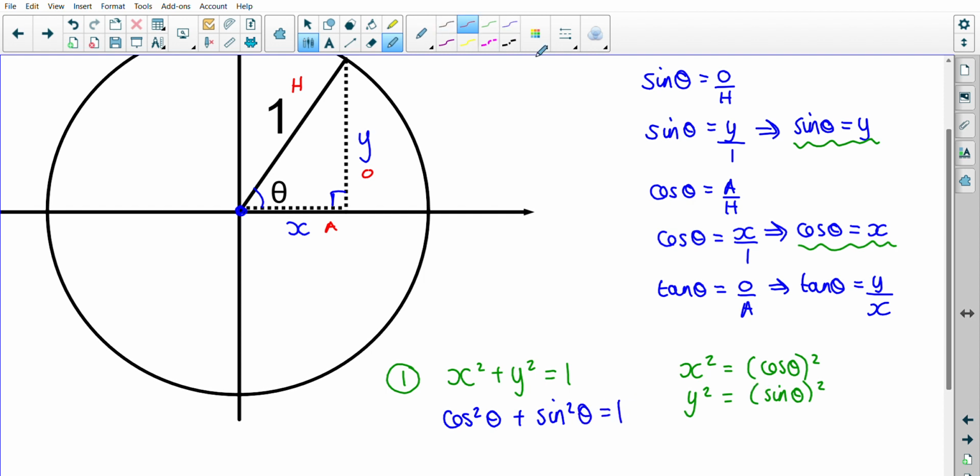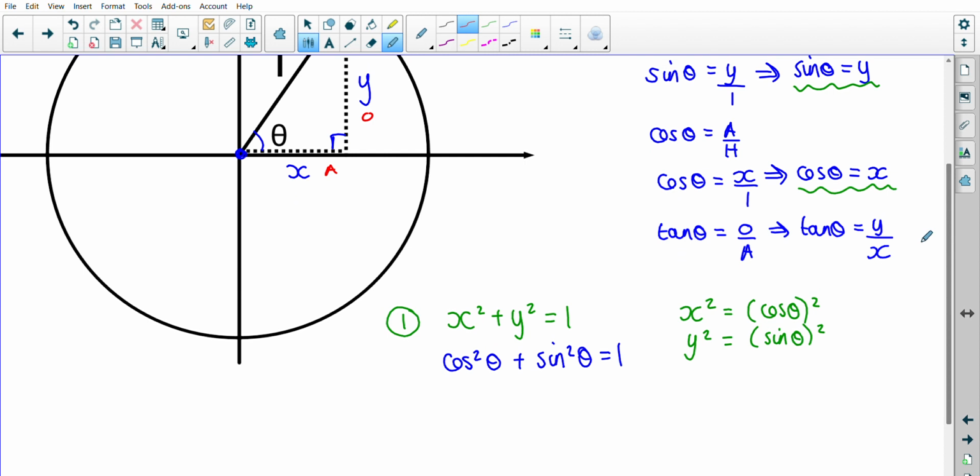Now this is the first identity. I'm just going to write it slightly different way around because we're used to seeing it more with the sine squared theta first. And I'm also going to put the identity symbol in. So that is your first trig identity. Sine squared theta plus cos squared theta equals 1.